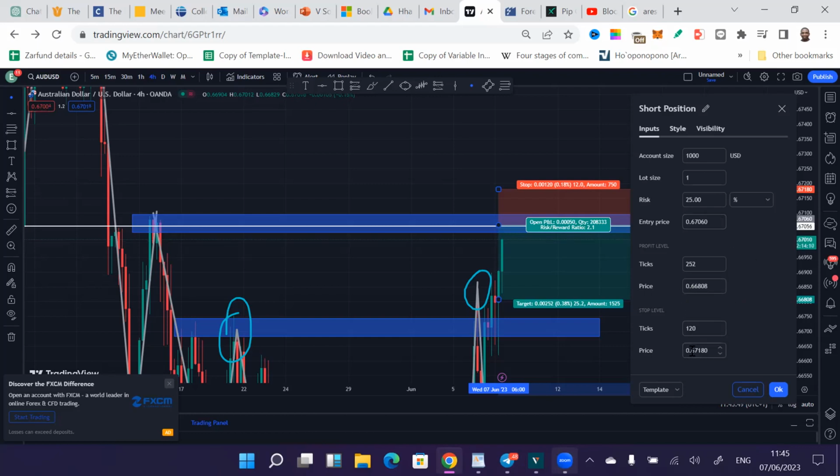Stop loss is 0.67180. That is the stop loss. Then take profit is 0.66808. So this is what you are going to do.